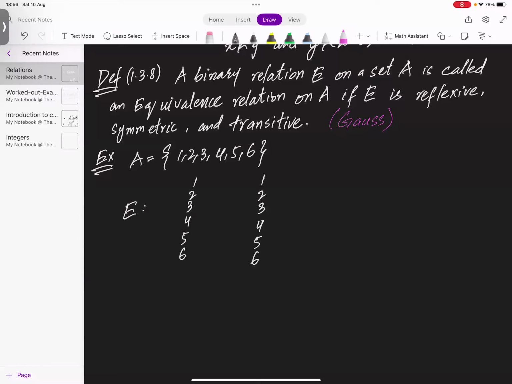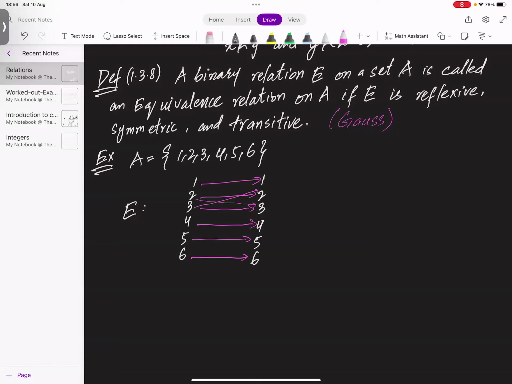It says that 1 goes to 1, 2 goes to 2, 3 goes to 3, 4 goes to 4, 5 goes to 5, 6 goes to 6, 2 goes to 3, and 3 goes to 2. So 2 and 3 are going to each other.